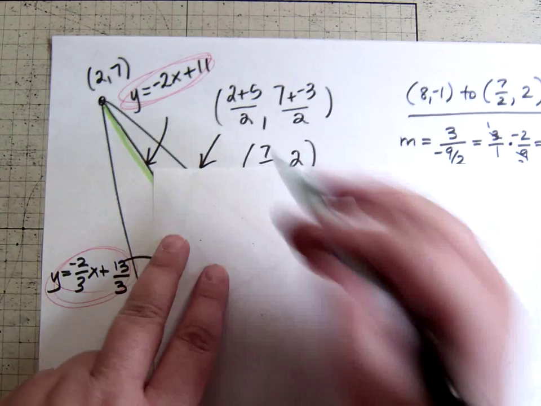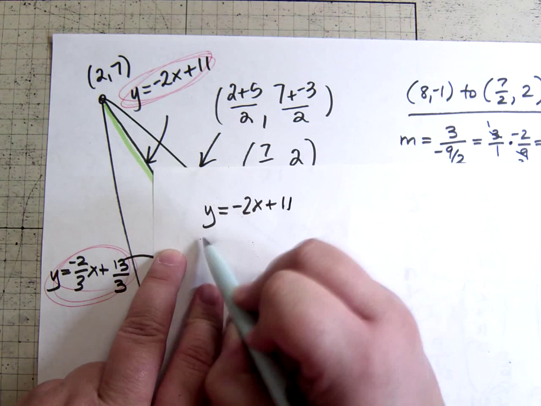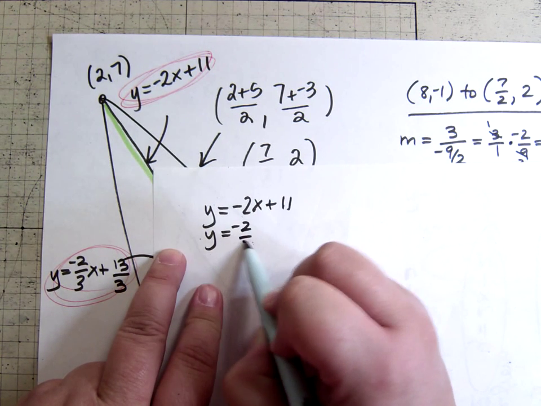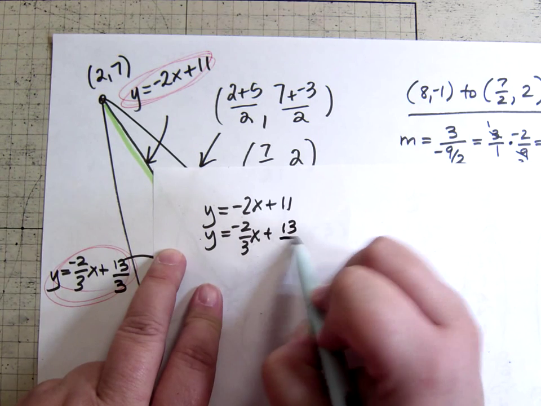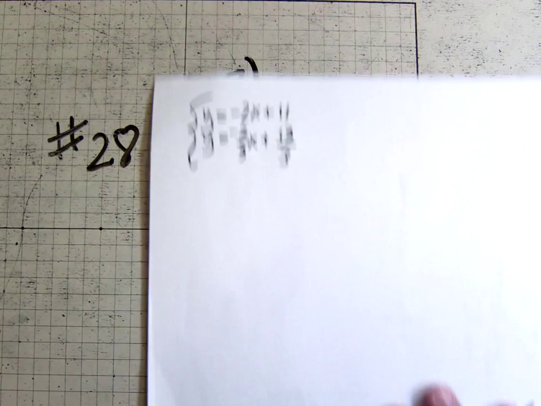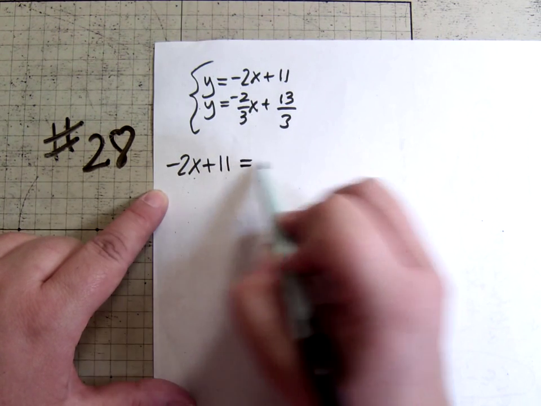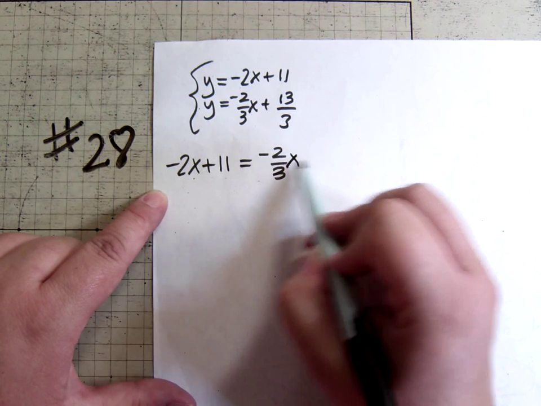The easiest thing to do here, since they're both solved for y, is to just set them equal to each other. So negative 2x plus 11 equals negative 2/3 x plus 13/3.